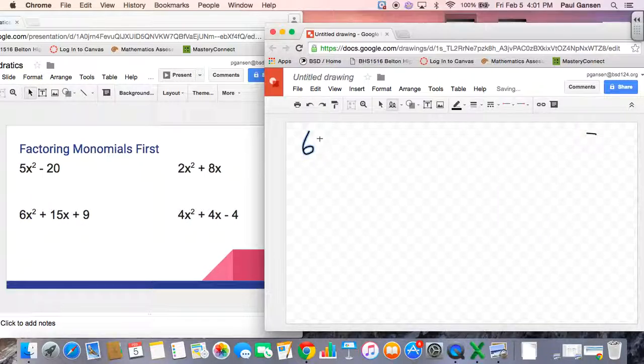Let's try this next one. We have 6x squared plus 15x plus 9. At this point, I look at 6, 15, and 9. Those are all divisible by 3. When I divide a 3 out of this, I get 2x squared plus 5x plus 3. And from here, we can use a variety of methods.